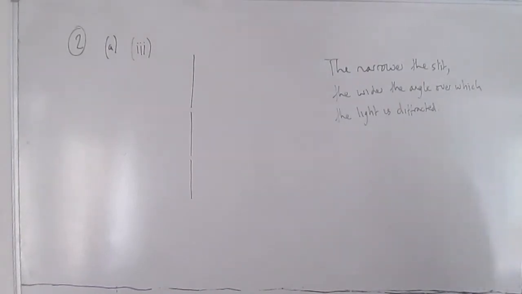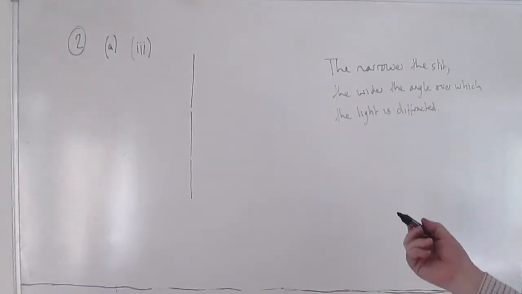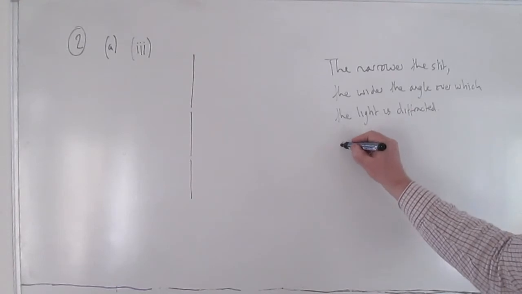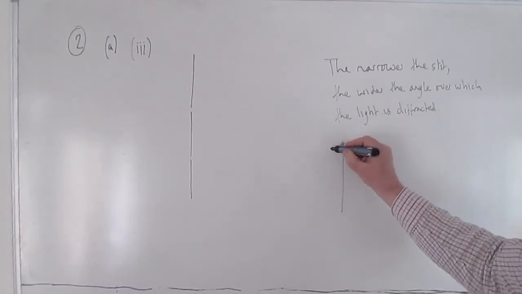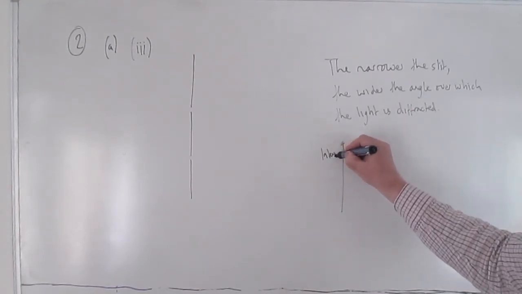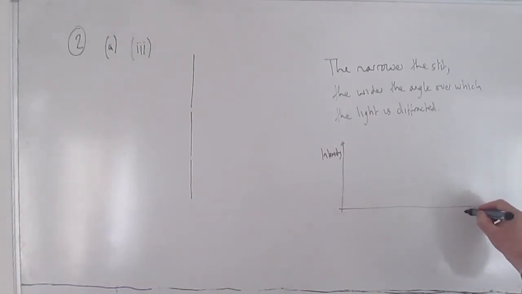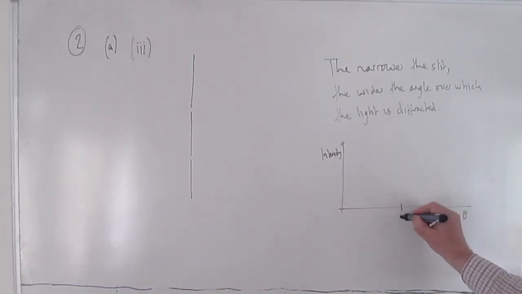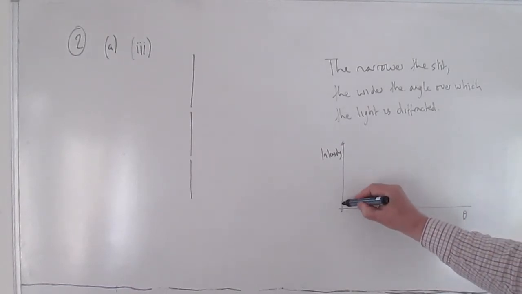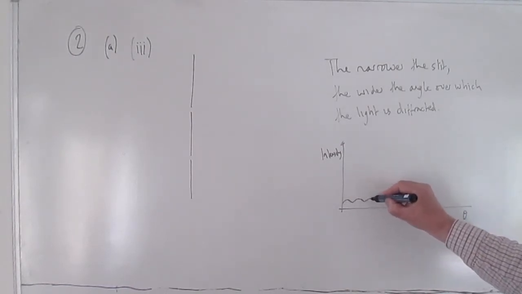So if you actually do the experiment with a single slit and you plot intensity as a function of angle, where this is 0, what you actually get is something that looks kind of like this.